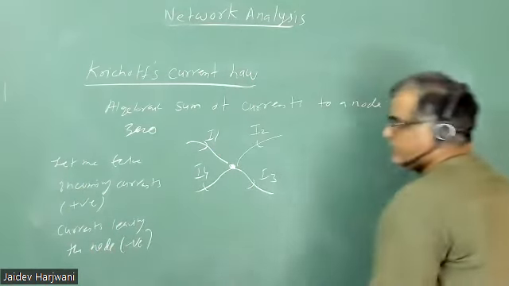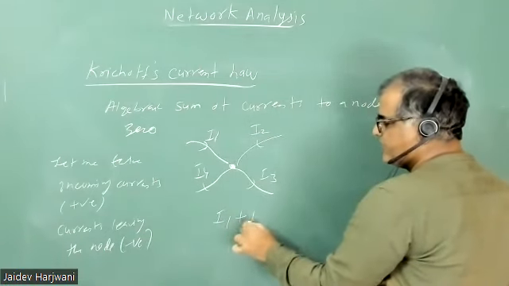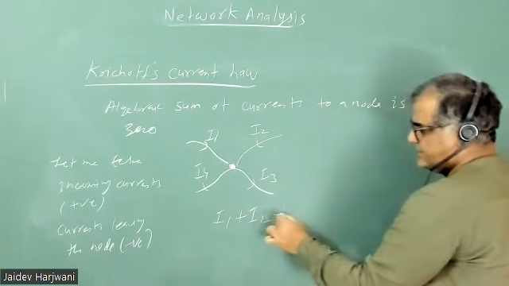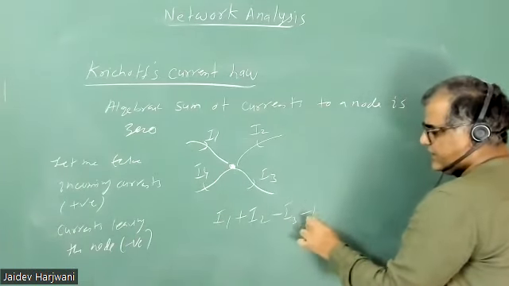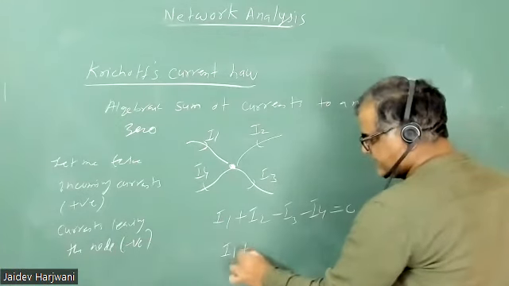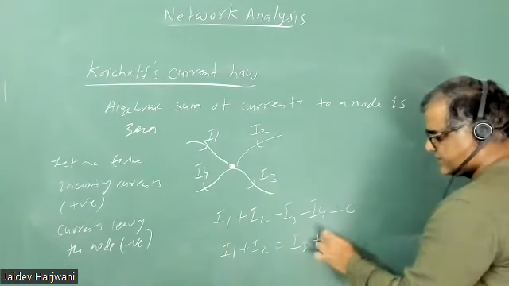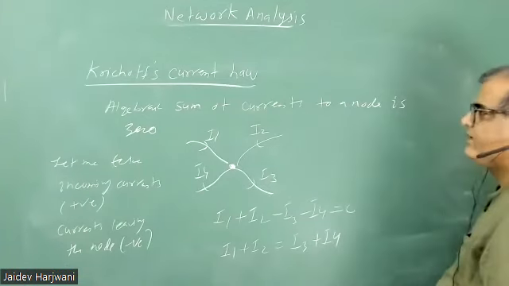So the algebraic sum of currents: I1 I'm taking positive, the incoming I2 I'm taking positive, and I3 negative, and I4 negative. So I1 plus I2 is equal to I3 plus I4.